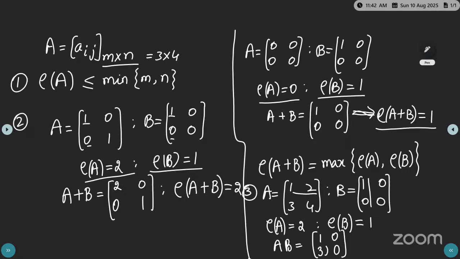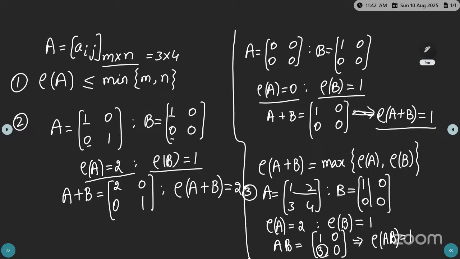Can you make this one 0 using the first row? Say yes or no. Then what is rank of AB? How many say 1, how many say 2? 1.